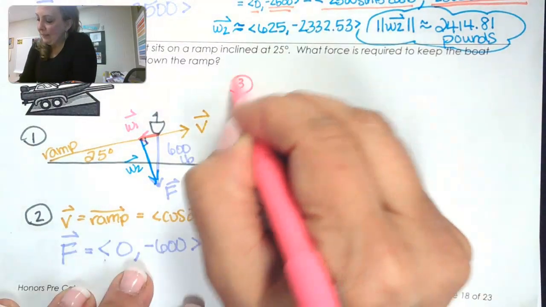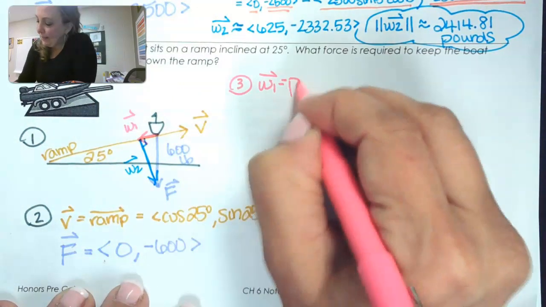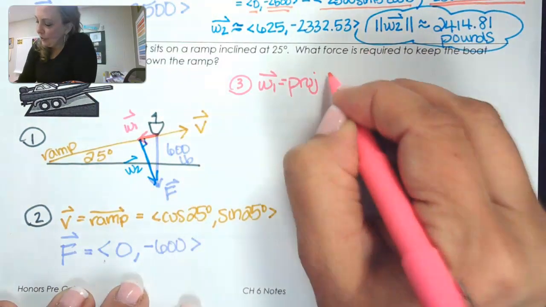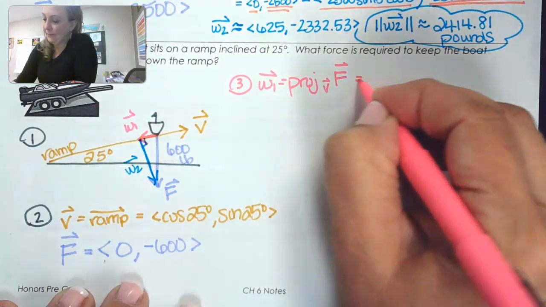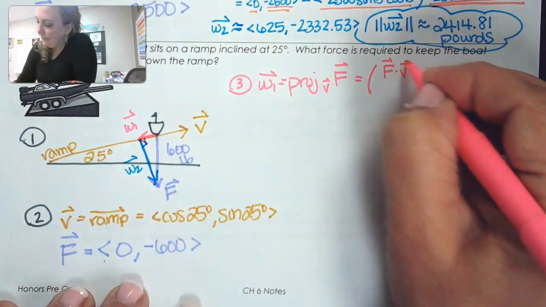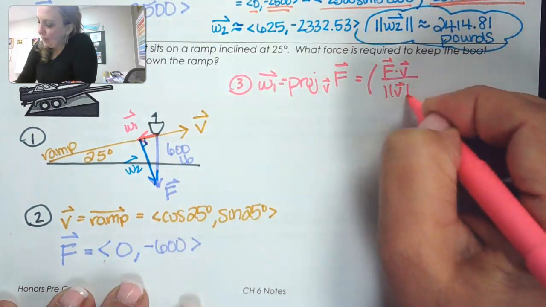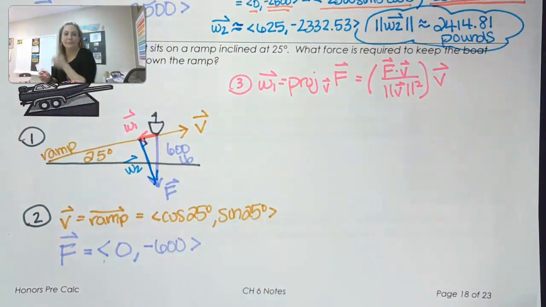So then we can find W1, which we said is the projection of F onto vector V. And to find that, we take F dot V over the magnitude of V squared times our vector V. Okay.